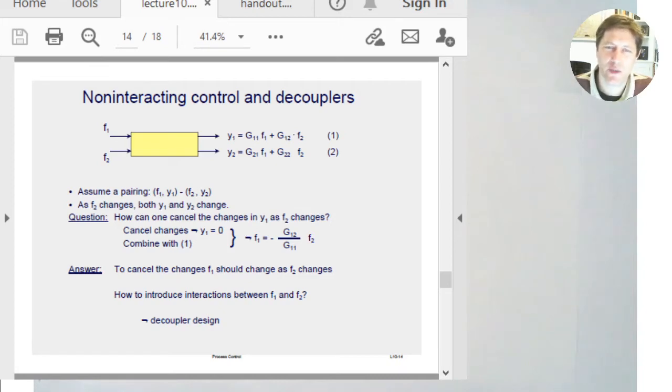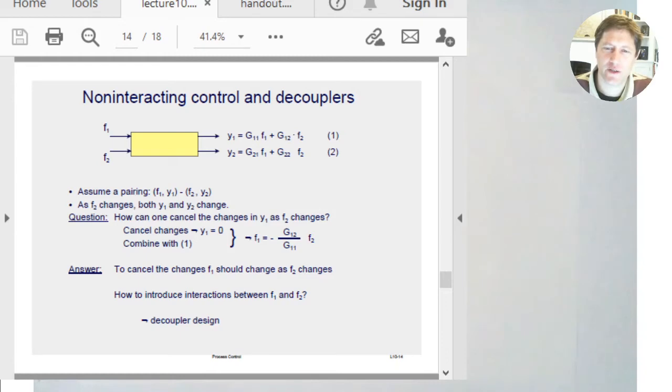To do that, we need to adapt the input F1 to account for the input F2. So for example, if we could adjust F1 by minus G12 over G11 F2, that's how much F1 needs to change to account for this bit of interaction.